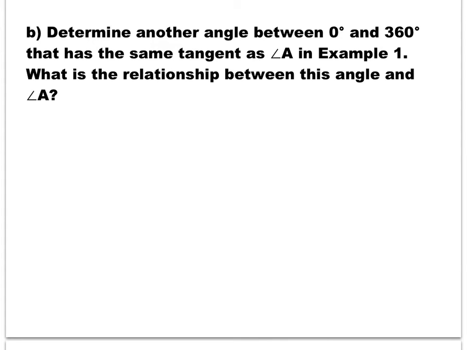Now the next part of the question says determine another angle between 0 and 360 that has the same tangent as angle A in example 1, and then what is the relationship between these two angles. Again, if you remember from the previous problem, the tangent of angle A was 3/4.